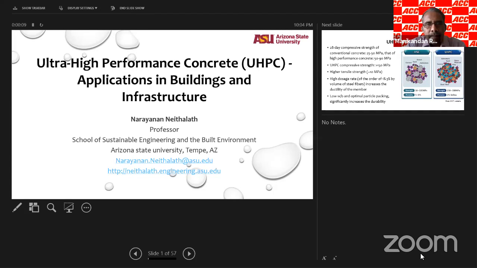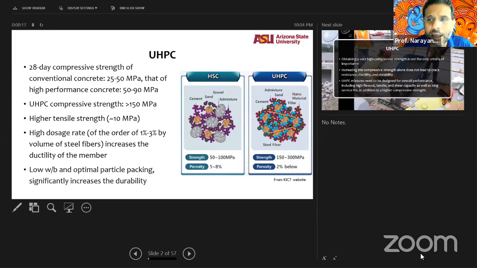So we're going to talk about ultra high performance concrete and its applications in building and infrastructure. Typically, when we talk about concrete in our regular everyday use, we talk about concretes that are 30 megapascals, 40 megapascals in strength. When you're talking about high strength concrete for special applications, you talk about 50, 70, 90 megapascal concretes.